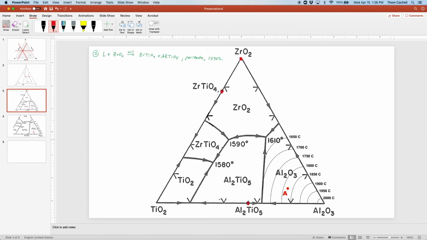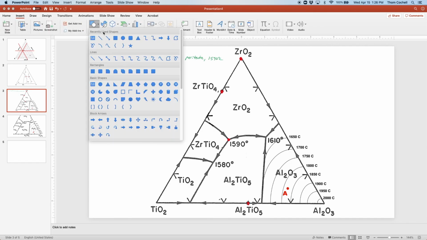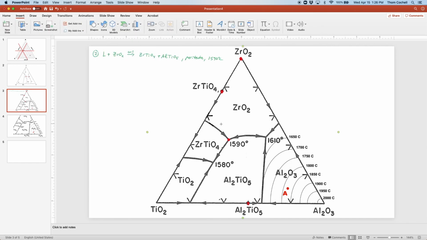And then our liquid at the peritectic would have a composition here, because this is our peritectic point, right? So what we're going to basically do is construct 2 tie lines that would cross, and that determines our reaction. So let's, for example, say that I want to cross these.